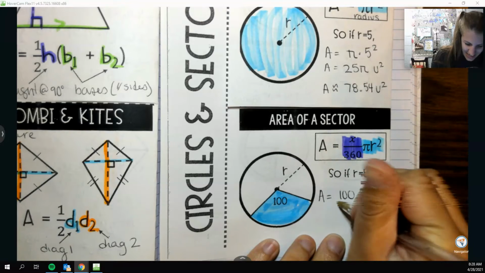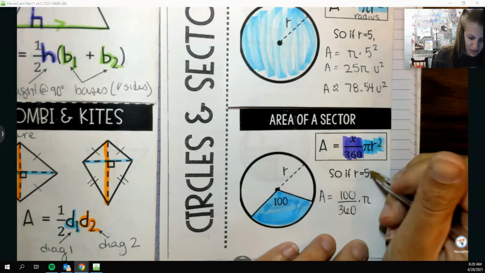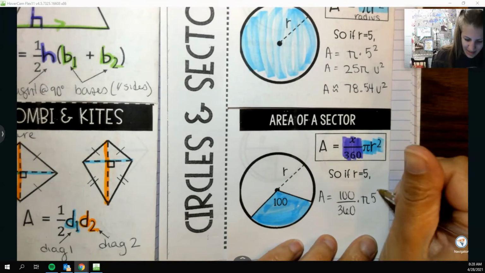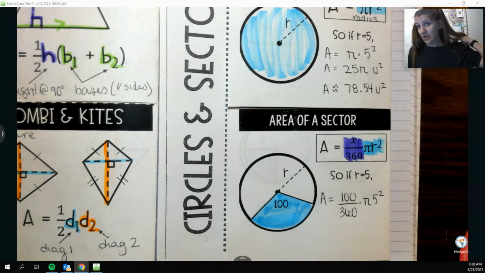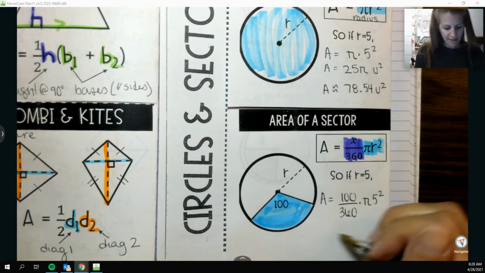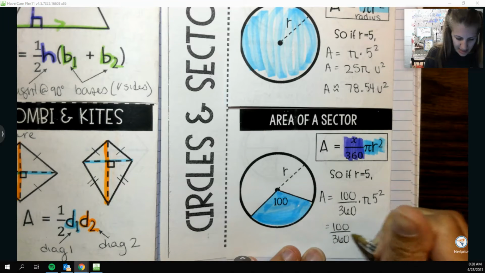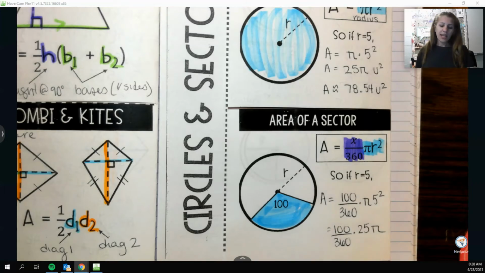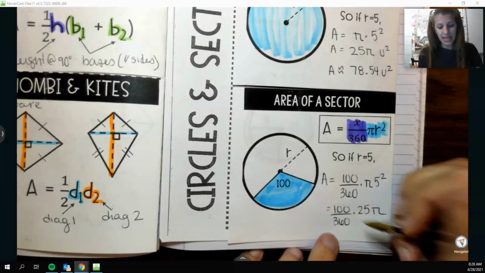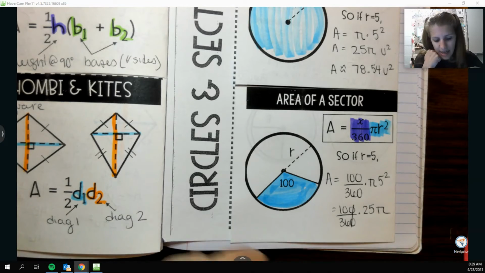So 100 out of 360 times pi r squared, which they're telling me r is 5 again. There are a lot of different ways you can simplify here. I'm going to square that for 25. So I'll have 100 over 360 and then times our 25 pi. A couple things I noticed really quickly: I can divide a 0 out of each of these, like a 10 out of each of those.